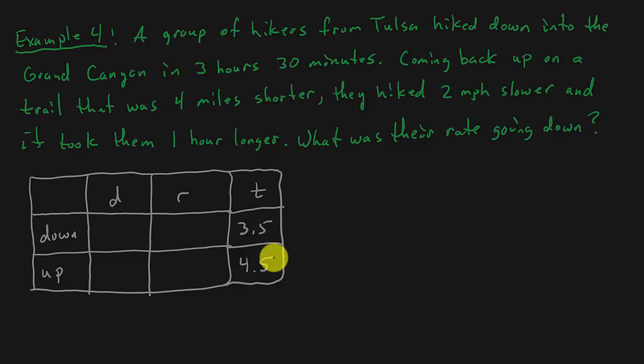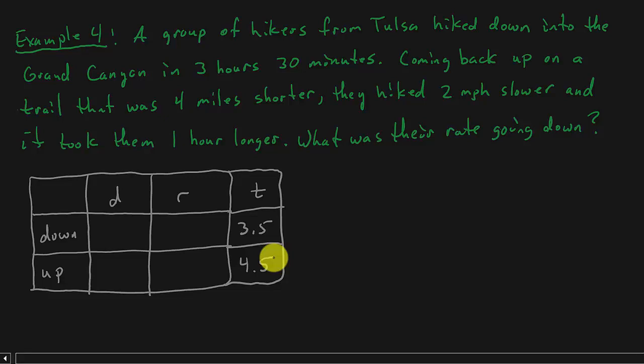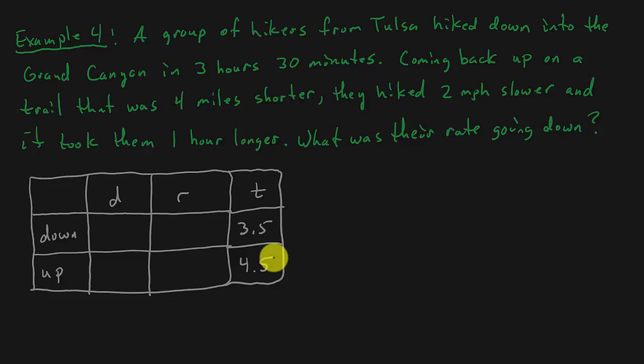So now let's start figuring out this other stuff. They don't tell us much about when they were hiking down. It just says it took them 3 hours and 30 minutes. Coming back up on a trail that was 4 miles shorter, they hiked 2 miles per hour slower, and it took them 1 hour longer.